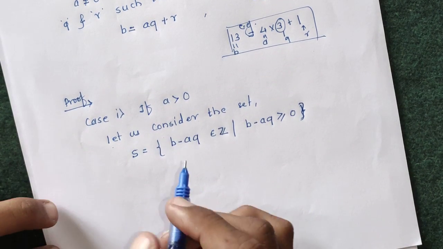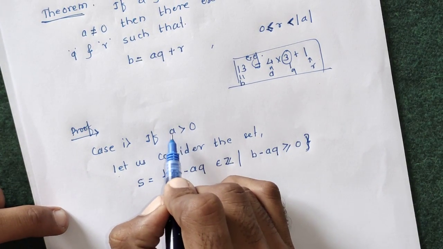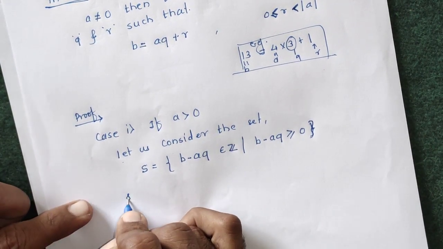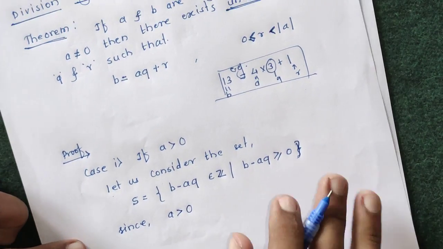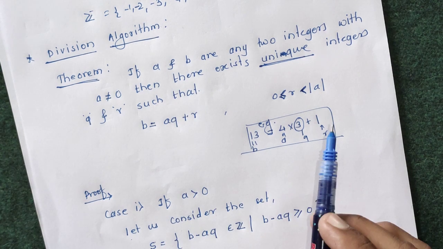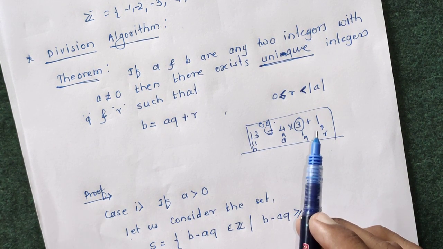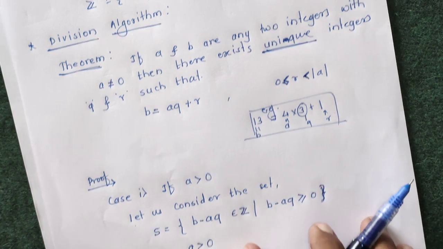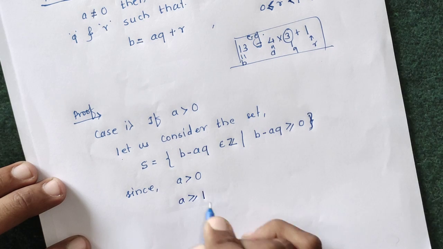So we have considered a greater than 0, strictly greater than 0, and a is an integer, so after 0 there must be 1, so a is greater than or equal to 1.